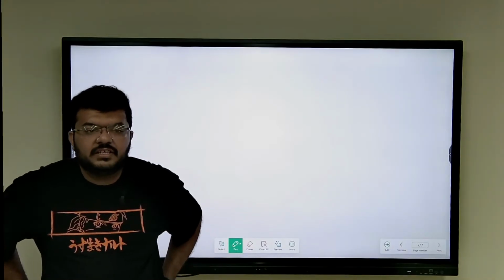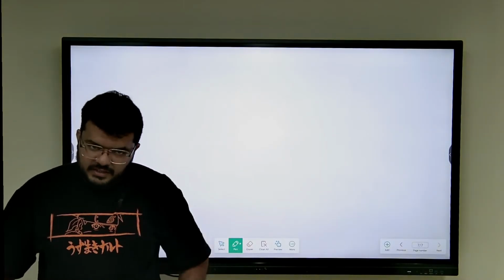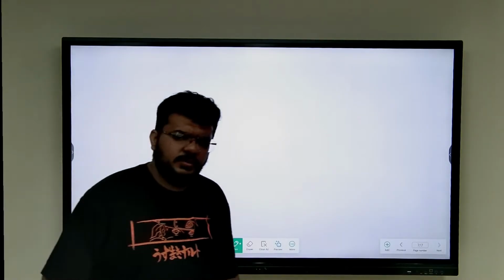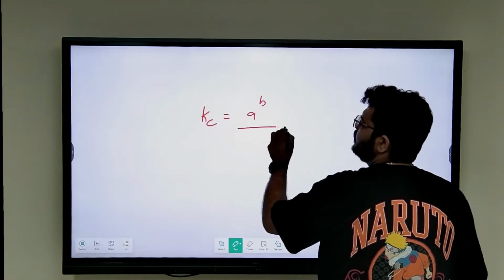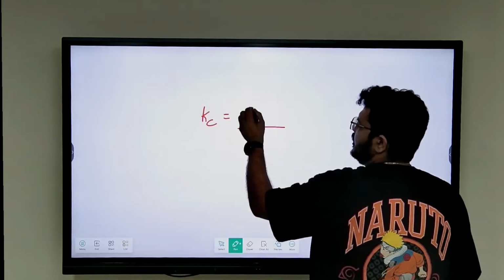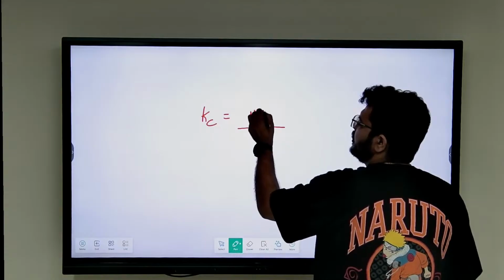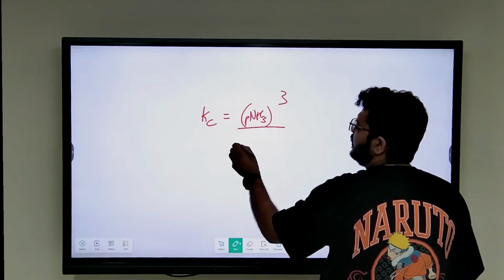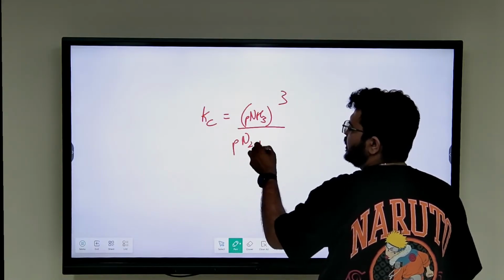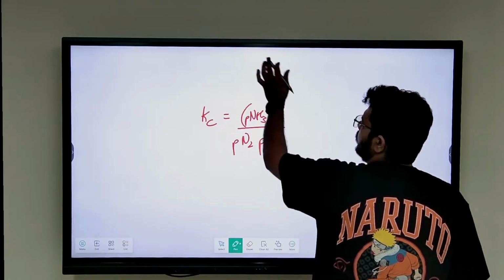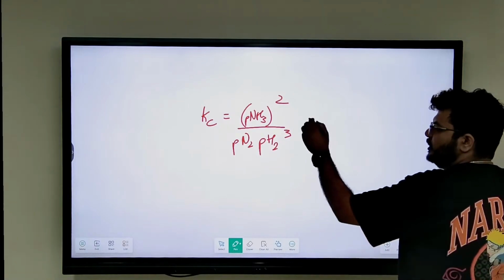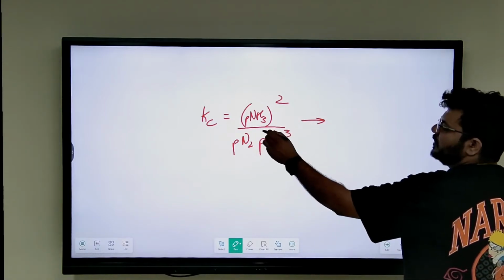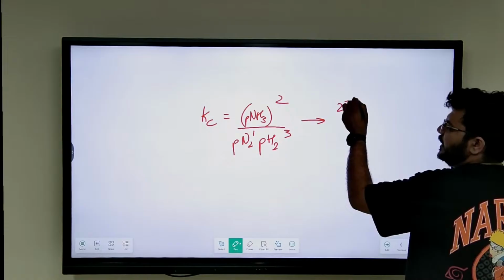Okay, so that is equilibrium. Kp and Kc दोनों के units कैसे find करेंगे? Kp and Kc के unit, let's say Kc is equal to a raised to power b, और अभी हमारे पास जो था कि NH3 partial pressure raised to power 3, partial pressure of N2, partial pressure of H2, ये 2 था and this was 3, right? What you do is you find out कि total power क्या होगा. Let's consider this one. This is 2 minus 1 minus 3.